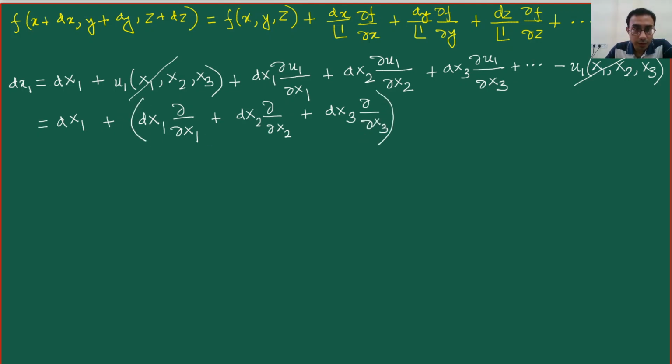That entire thing goes in a bracket, and that entire thing, like an operator, operates on the variable u1, and of course we have the higher order terms here which I'm not going to write anymore. So what you can say is that the dx1, because I'm no longer writing the higher order terms, this is no longer an equal to, so this is now the Taylor series expansion, or the Taylor series approximation for the d small x1.